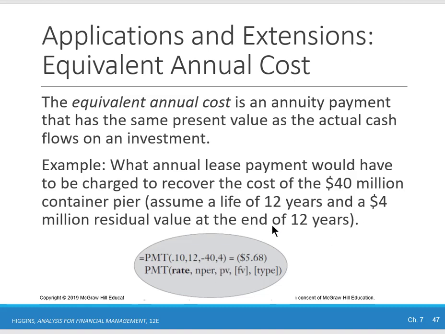And we're assuming that at the end there's going to be $4 million left over. So that tells us the answer here is $5.68 million. So if our lease payment would be $5.68 million or less, we should lease the project. If the lease is going to be more than that, then it's less expensive to buy.